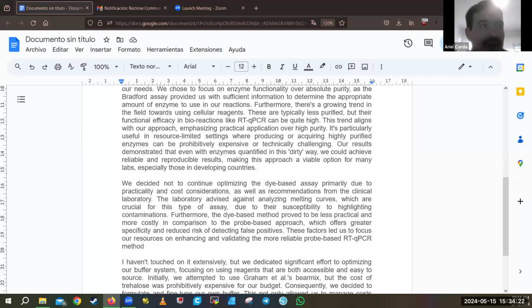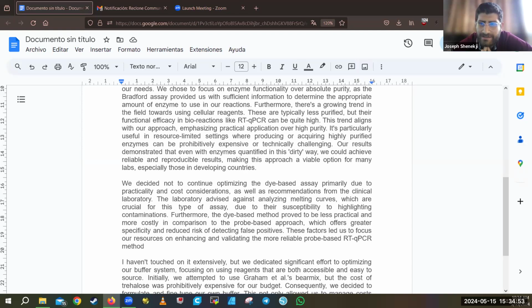But we have experience with this kit in our course, and we have used the same enzyme during 2 years now. So we have an idea of the shelf life, but you are right. We need to test this.